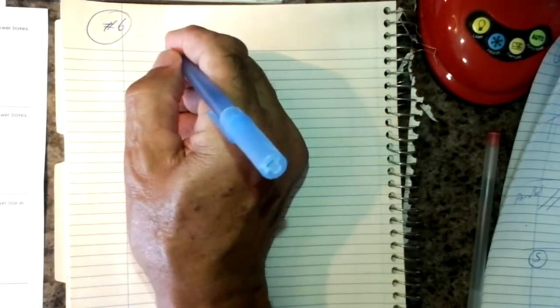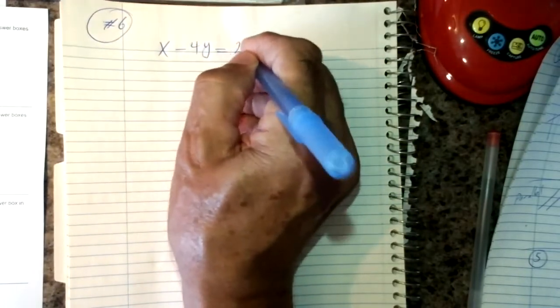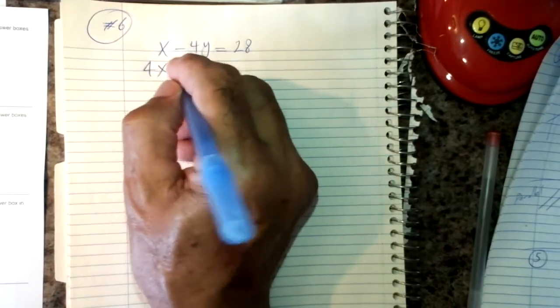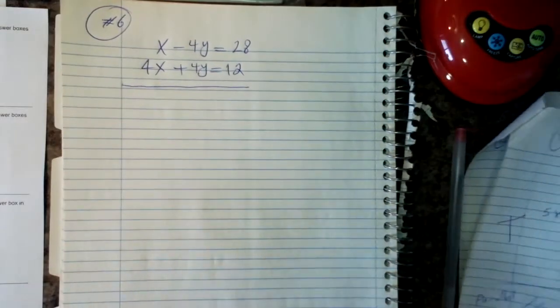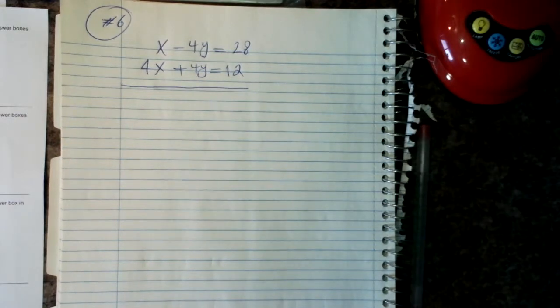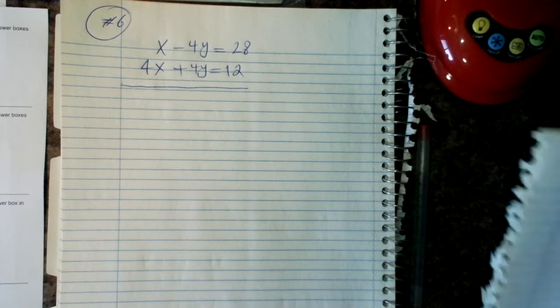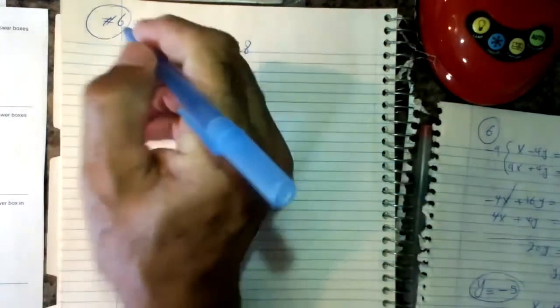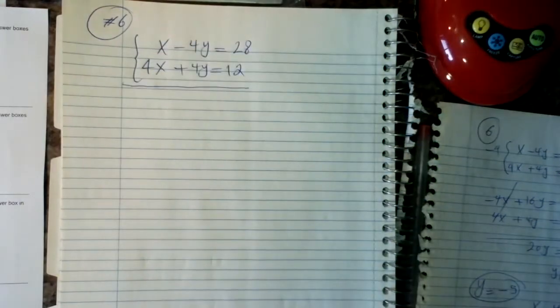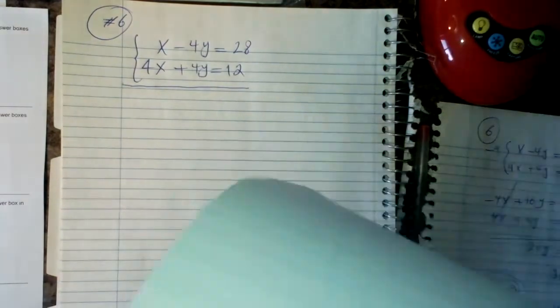Number 6 also is a method of elimination. Now, if you decide to eliminate x, then you should have minus 4x here.